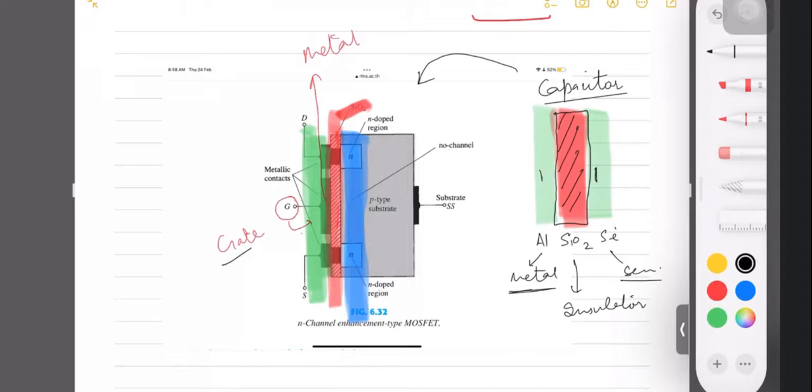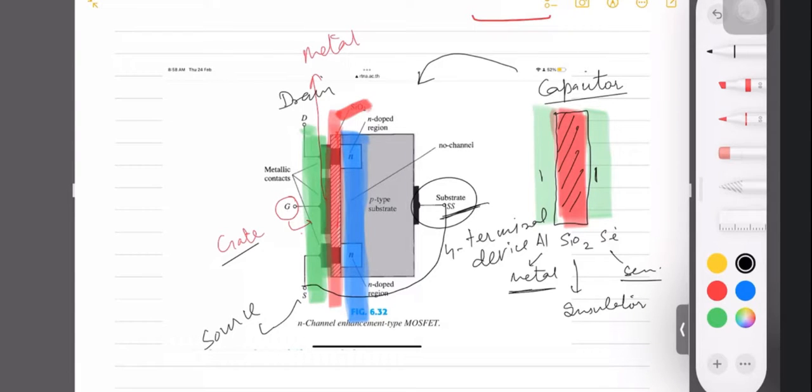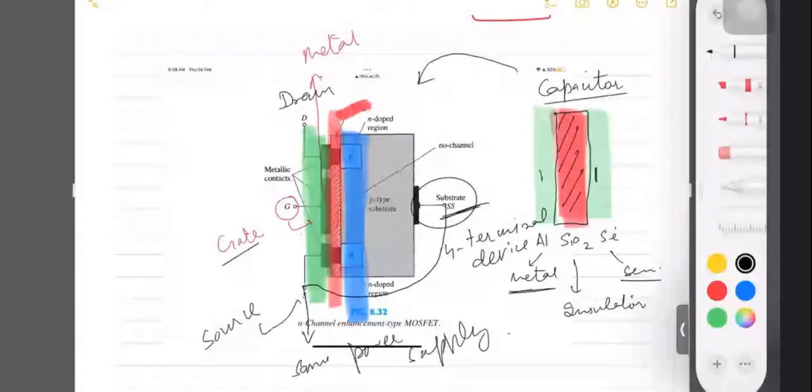Right? Now we have the gate. This is drain. This is source. And this is substrate. It is a 4-terminal device. Generally, substrate and source, they are connected with same power supply. ठीक है? उसको same power supply के साथ use करते हैं.